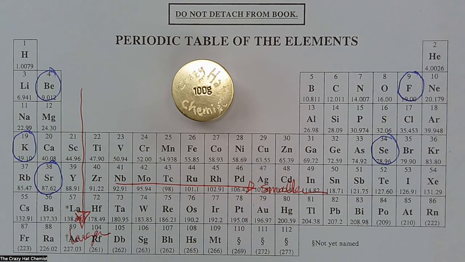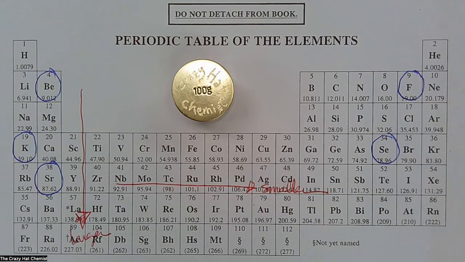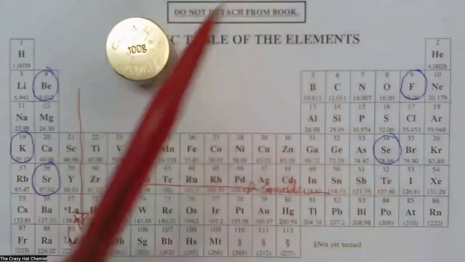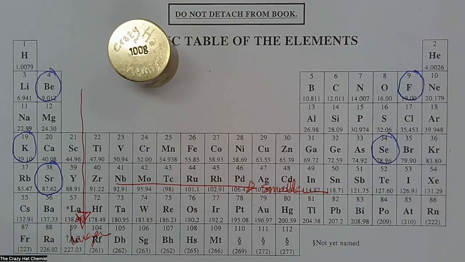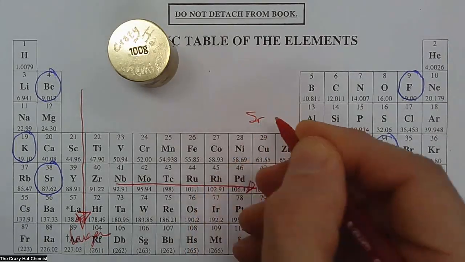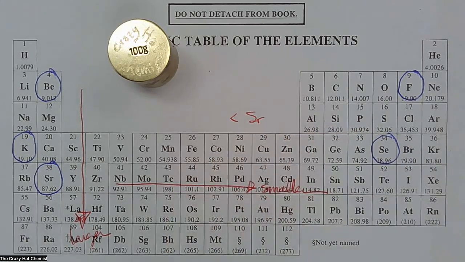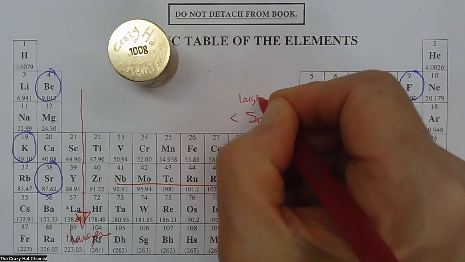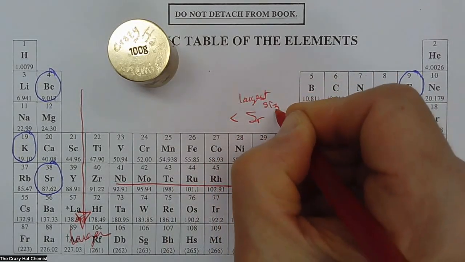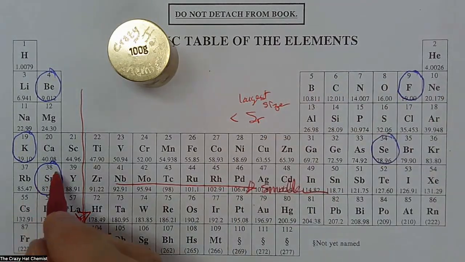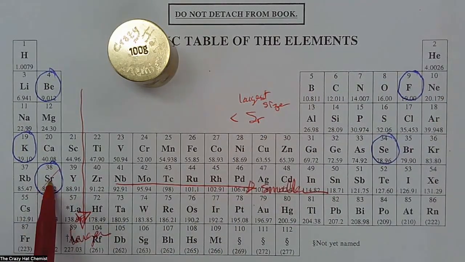So the largest in size is going to be the one that's furthest to the lower left-hand corner, that's strontium. So strontium is going to be the largest in terms of size. We've got that one covered because it's in the lower left-hand corner.